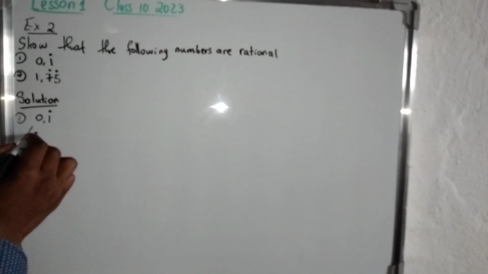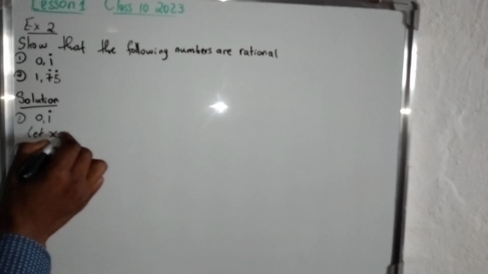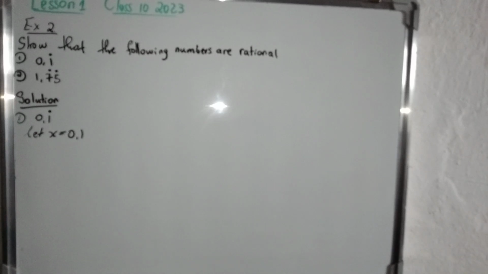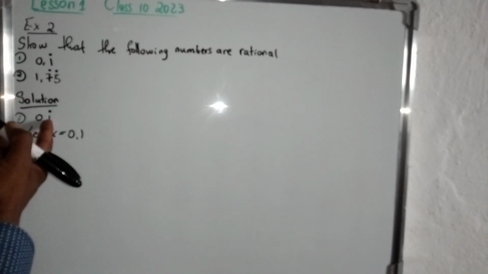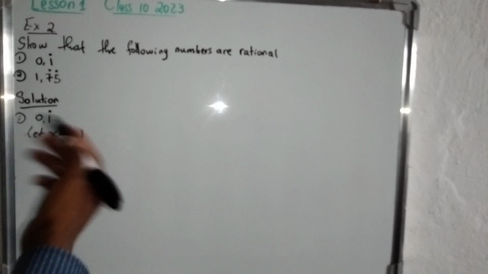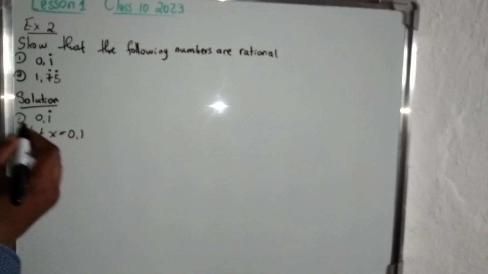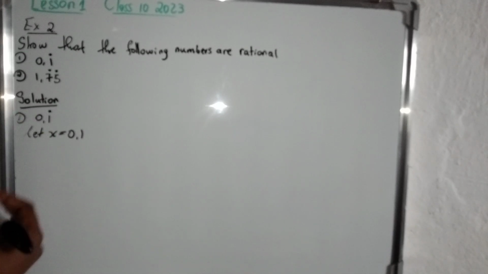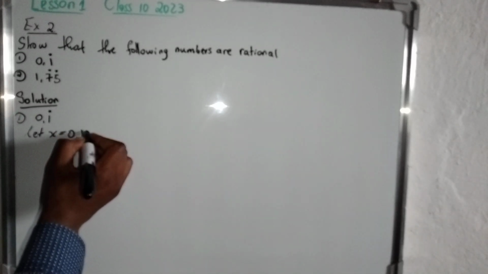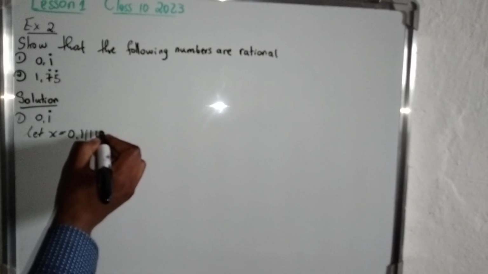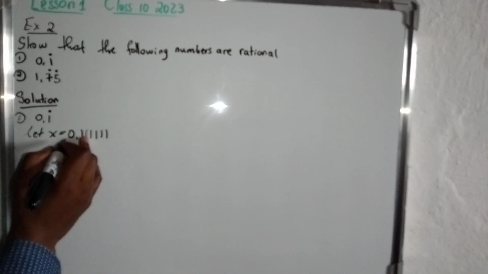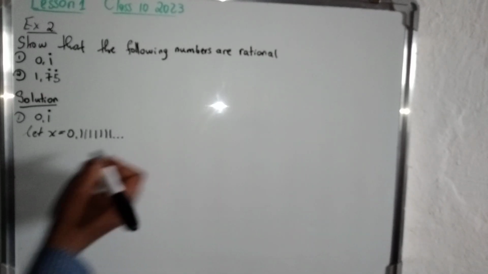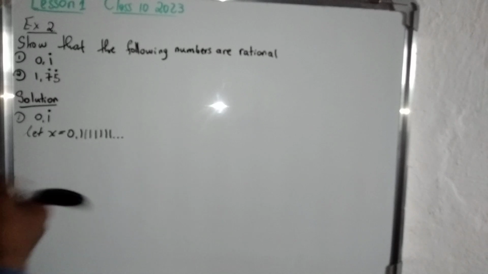That is, let x equal 0.1 recurring. That dot means recurring, so this number is repeating after the comma. So we'll no longer have a single digit 1 after the comma, but many 1s: 1, 1, 1, 1. It could be 6, 7, 8, or maybe 4 or 5, it doesn't matter.